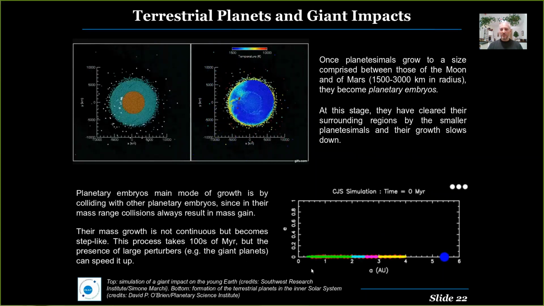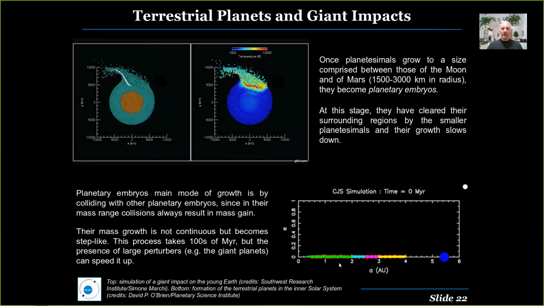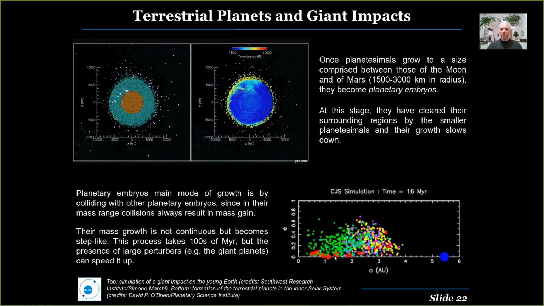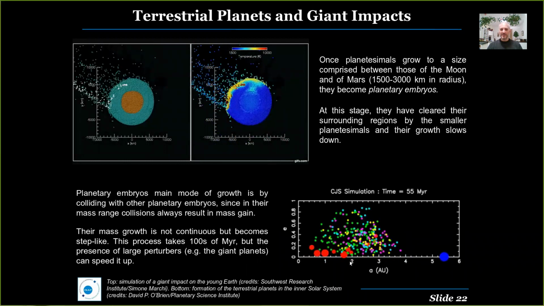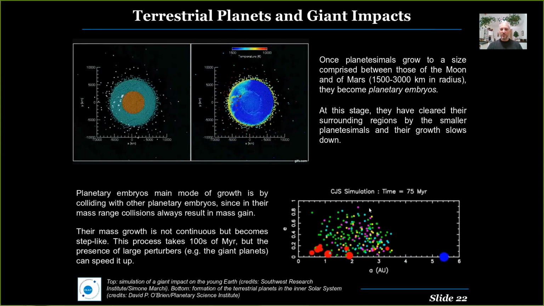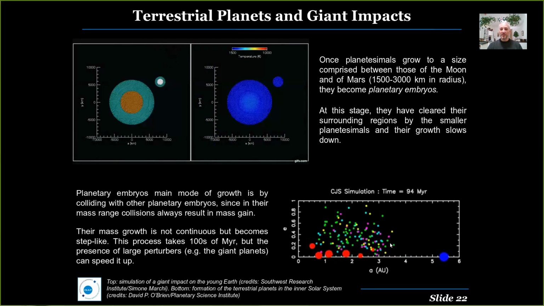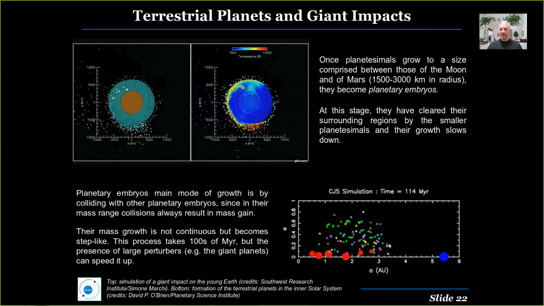As you can see from this simulation, there is an interaction between these planetary embryos while they grow into oligarchs and then terrestrial planets, and the population of small bodies that causes a complete remixing of the planetary material.